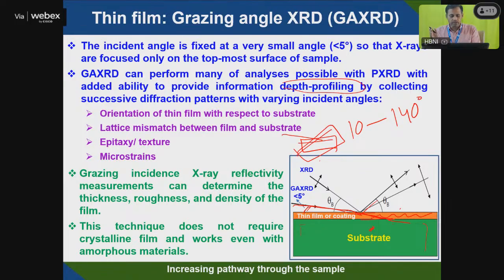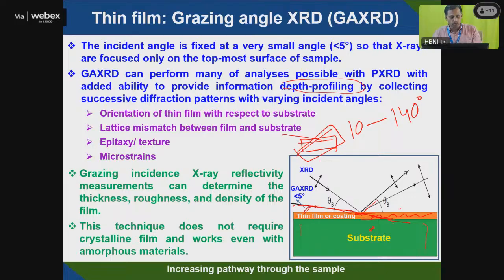By rotating the sample orientation, you can adjust the position to get a better X-ray pattern from the film. If there is a lattice mismatch between film and substrate, you can get that information. You can also get information on unidirectional growth, like growth in a particular epitaxy direction, and the microstrain built up between substrate and thin film.